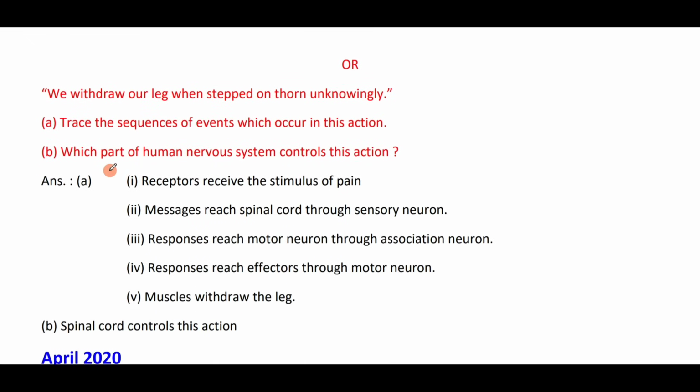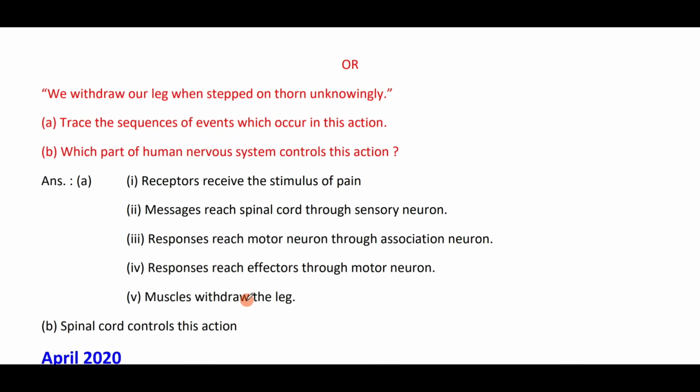We withdraw our leg when stepped on a thorn unknowingly, because there is a sequence of events which occur in this action. Which part of the human nervous system controls this action? Receptors receive the stimulus of pain. Messages reach the spinal cord through the sensory neuron. The responses reach the motor neuron through the association neuron. Again from there, responses reach effectors through the motor neuron.